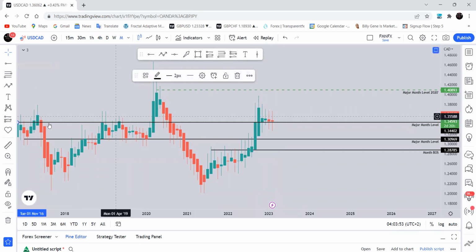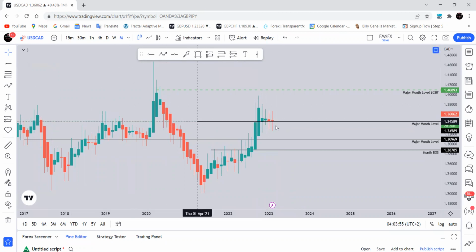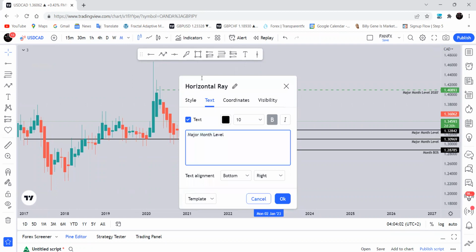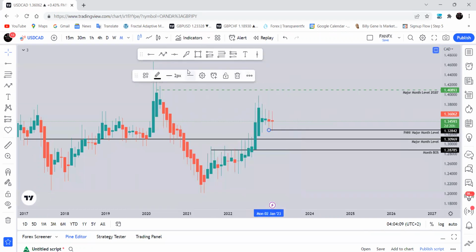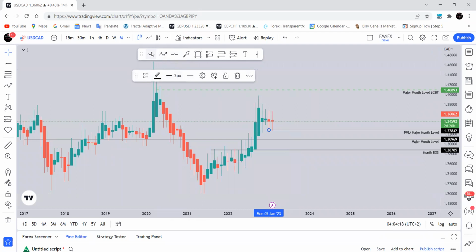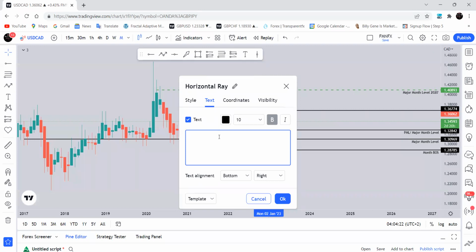We need our previous month's low and high. Previous month's high, slash measure month level. Oh, that's low, sorry, I said high. Previous month's low. And then previous month's high. There we go.